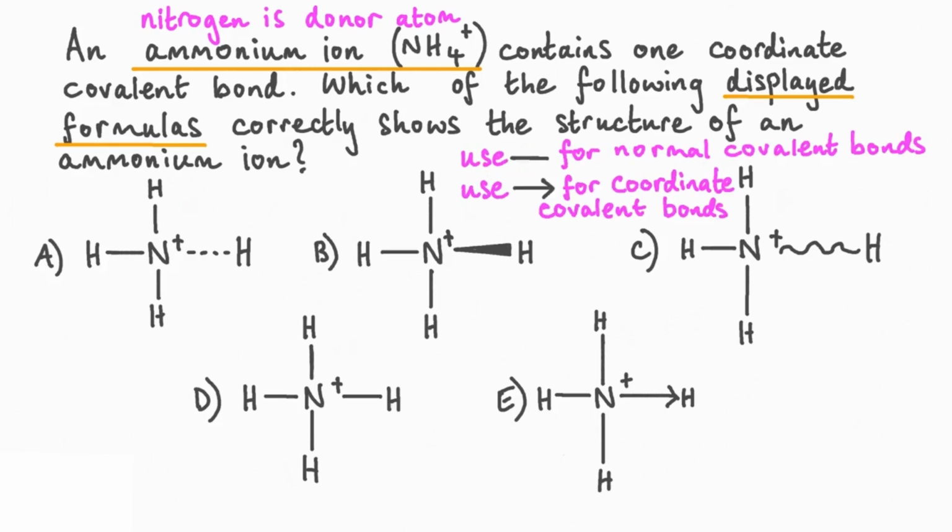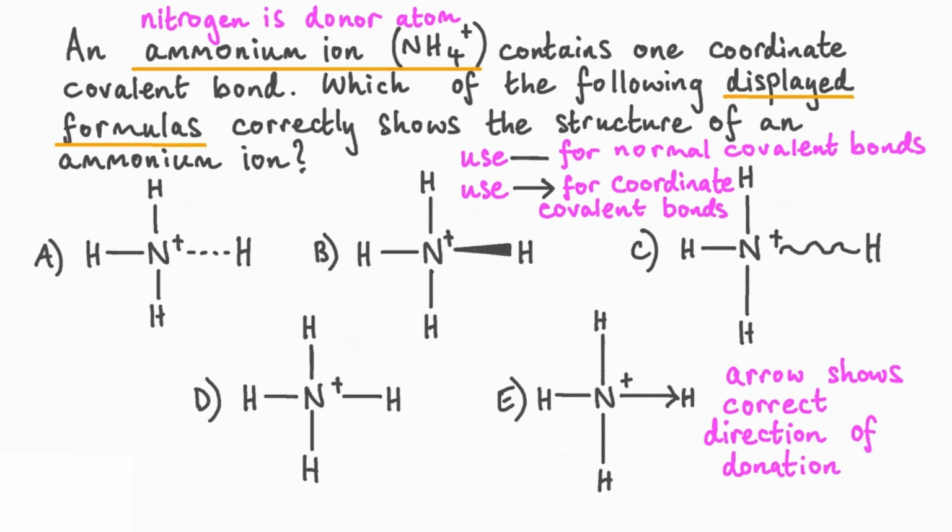When writing displayed formulas, we use a straight line or a dash to represent normal covalent bonds, and we should use an arrow to represent coordinate covalent bonds. In this case, the arrow must show the correct direction of donation of the lone pair. That is, from the nitrogen atom to the hydrogen atom.